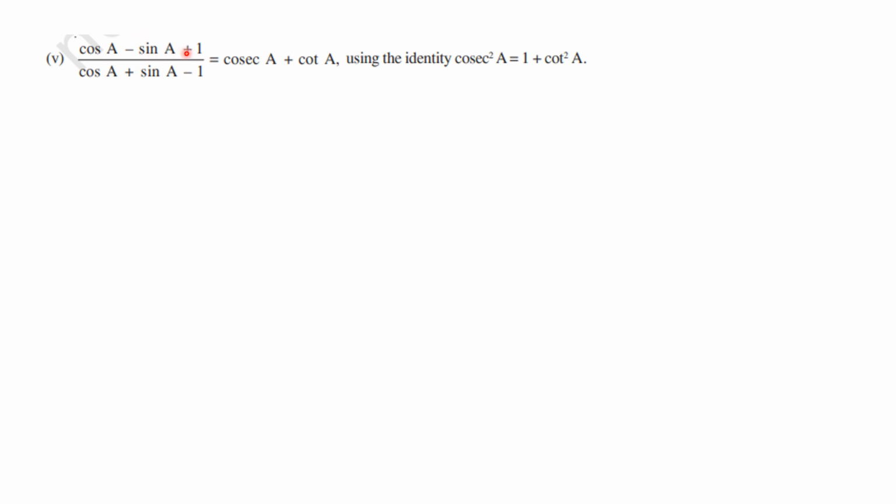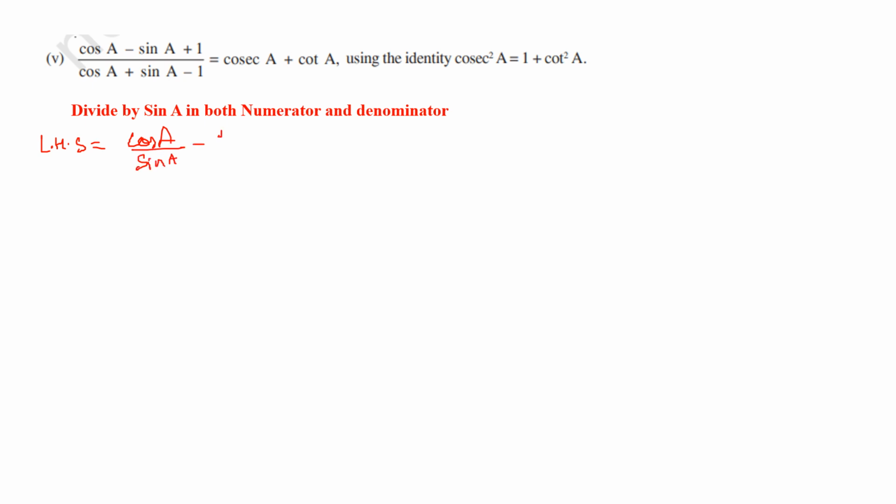So we know that cosec is the reciprocal of sin, and cot is cos by sin, isn't it? So if I divide by sin A in both numerator and denominator, then this will be converted in the form of cosec and cot, isn't it? So let's try that. Divide by sin A in both numerator and denominator in the LHS.